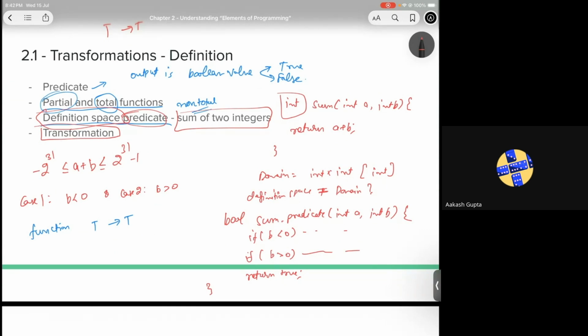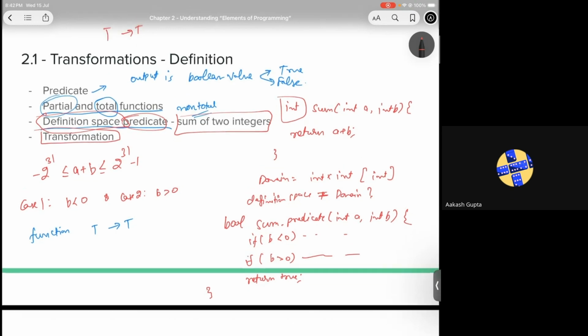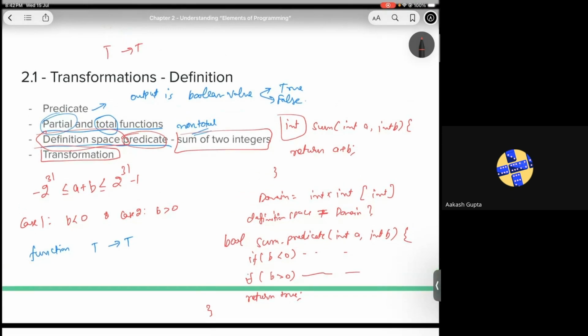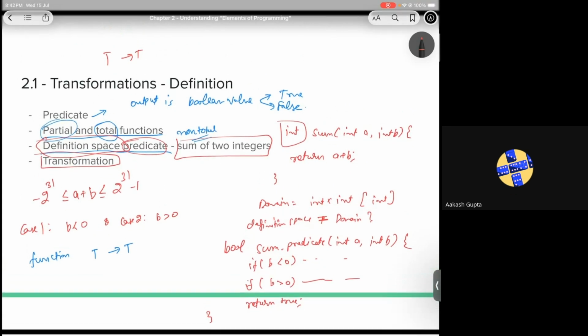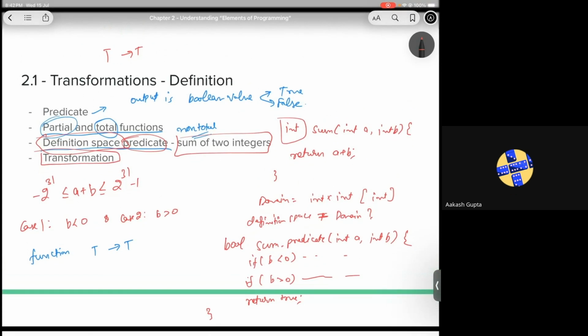Otherwise, we may or may not be able to call the function. It means the function may give correct or incorrect results. We don't know. We don't care. We only care about the function if the definition space predicate gives true, because in that case we are guaranteed that the function will give the correct answer.